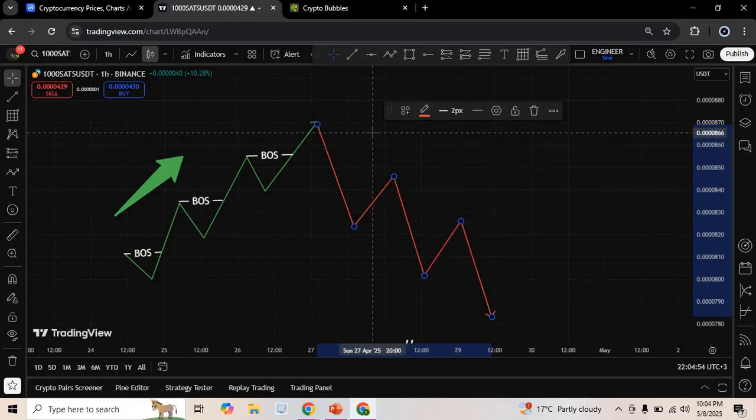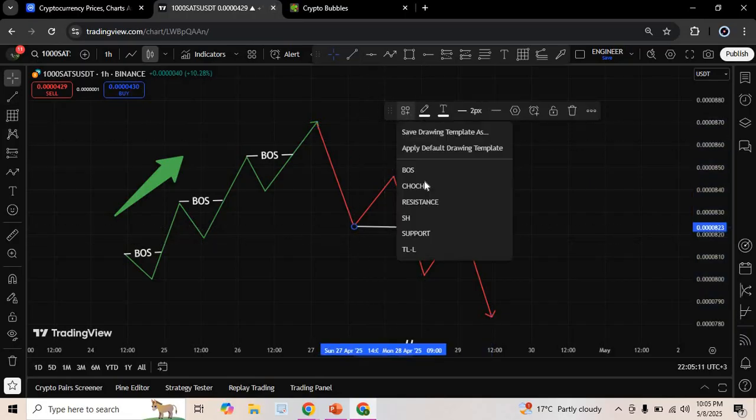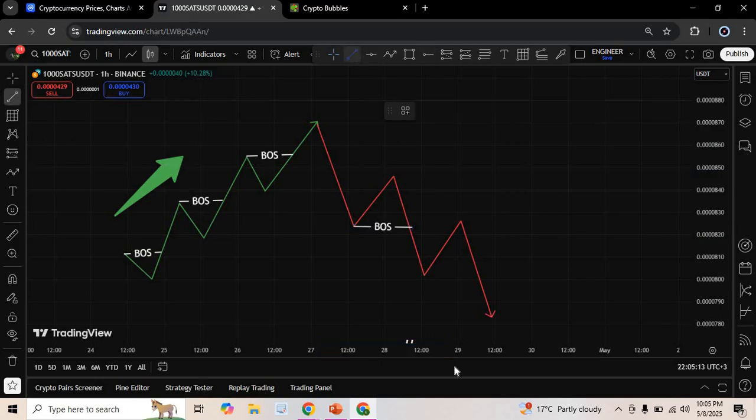Where do we name our break of structure in the case of a downtrend? Joseph? From the lower lows. Yes, from the lower lows. So this point right here, this is what we now call a break of structure, and this one right here, a break of structure.